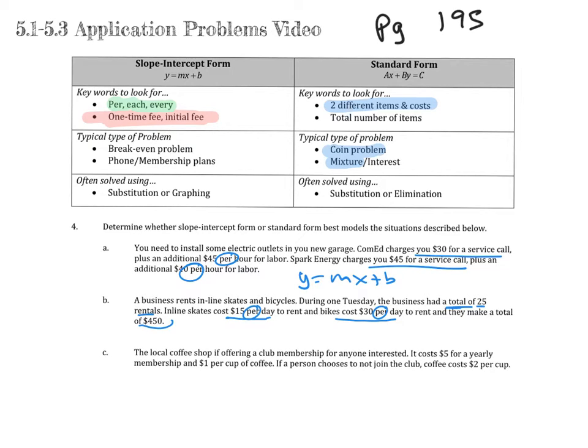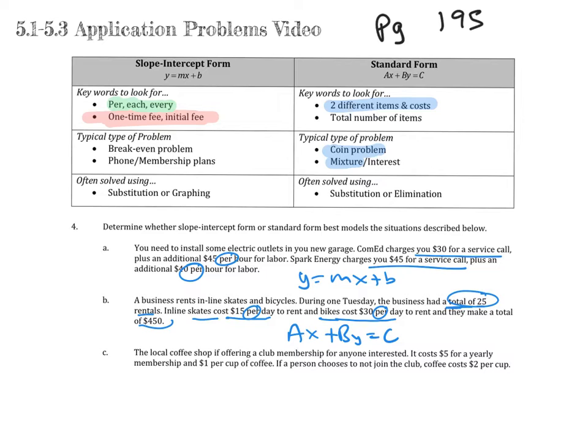But then we see totals. So I don't see anything about a y-intercept. There's no like initial amount, initial cost. Instead, it's like a cost for skates and a cost for bikes, so two different items and their costs. And then it also gave us a total number of rentals and a total cost. In that case, we would do standard form. So ax plus by equals c.